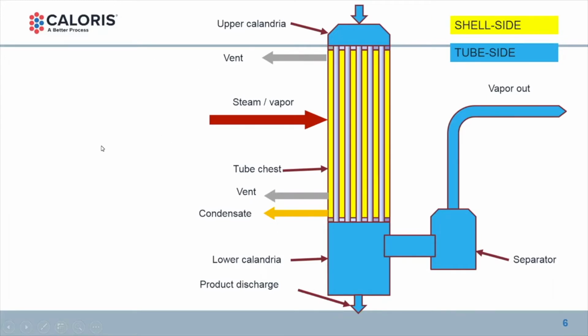In an evaporator like this, the product comes in the top, flows down tubes, a heating source, steam, water vapor enters the shell, you heat the product, flows out the bottom as a concentrated product with water vapor released from your product, going through the vapor separator and out as vapor.